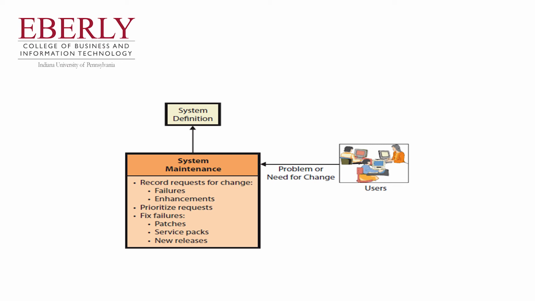Because enhancement is an adaptation to new requirements, developers usually prioritize enhancement requests separately from failures. The decision to make an enhancement includes a business decision that the enhancement will generate an acceptable rate of return.